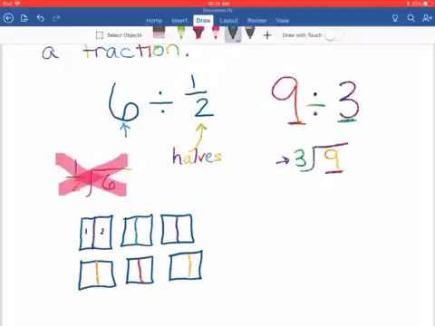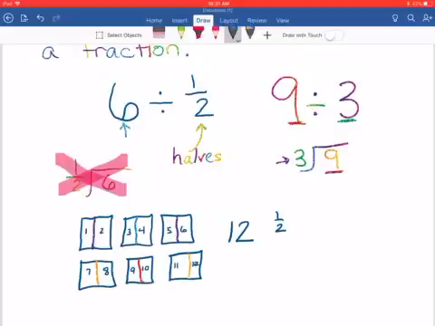I have 1, 2, 3, 4, 5, 6, 7, 8, 9, 10, 11, 12. So it takes 12 half pieces to make 6 whole pieces.